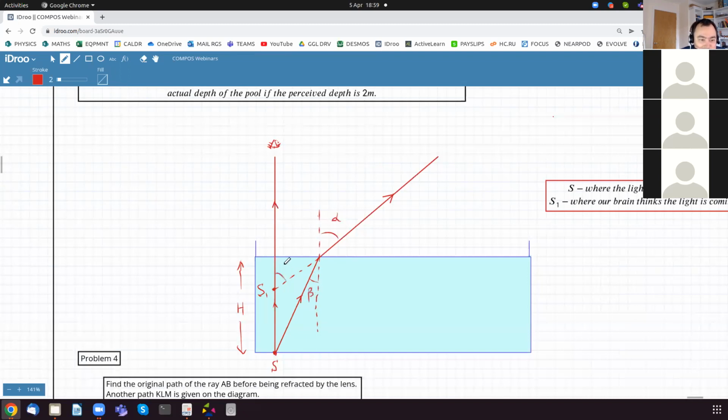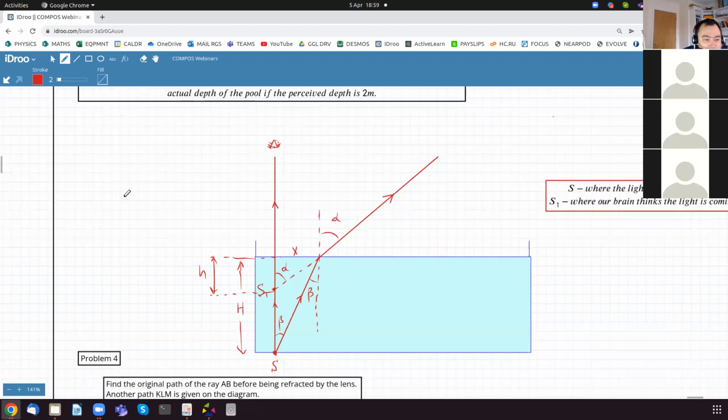This is alpha, this is beta, and this is the actual depth, and this is the perceived depth of the swimming pool. We'll take this distance to be x.